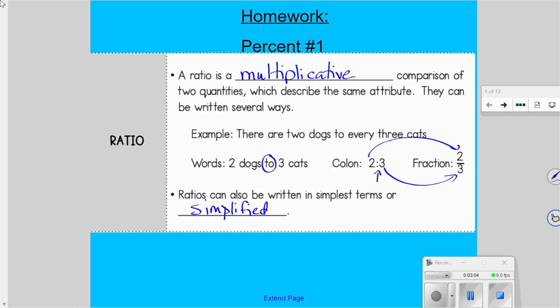When do we simplify? Always. What are our 4 key numbers to help us get to our simplest form? Carson? 2, 3, 5, and 7. Good. 2, 3, 5, and 7. Check your numerator and denominator. Can they both be divided by one of those 4 numbers? If they can, you do it.